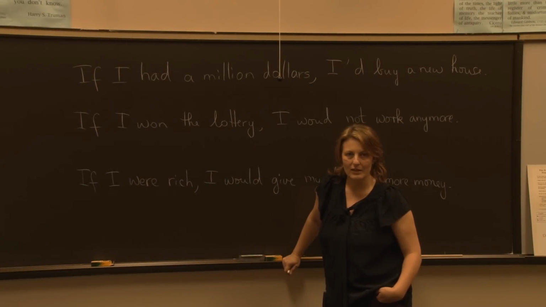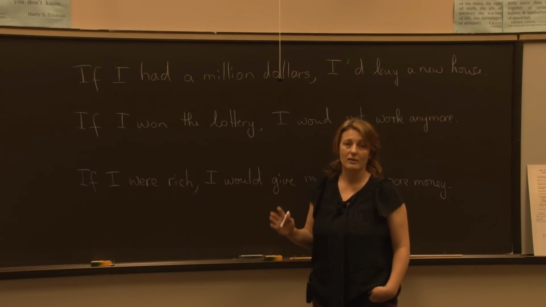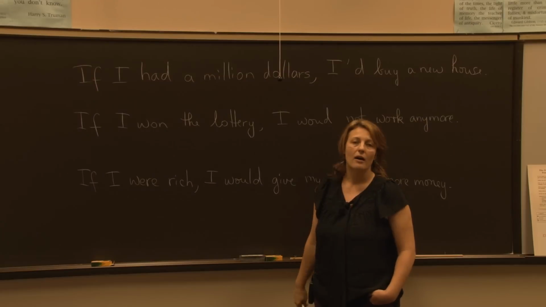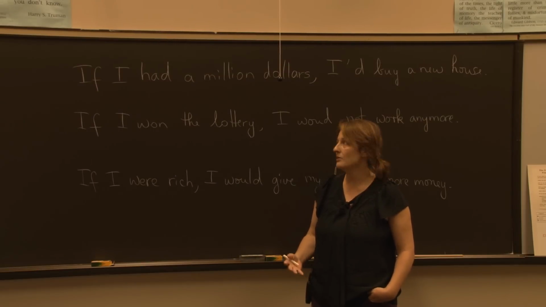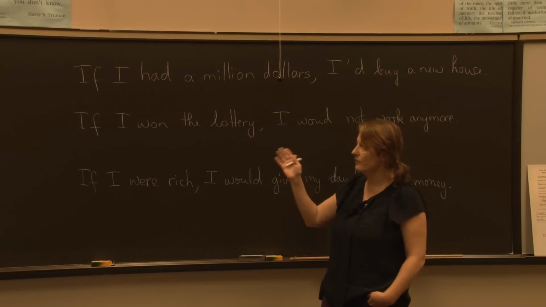So, like I said, we need to take a look at some pitfalls, some differences between English and German subjunctive, present subjunctive for now, that are not explained in the PowerPoint we just looked at. For example, in English, you have the rule that says you don't use would in the if clause.